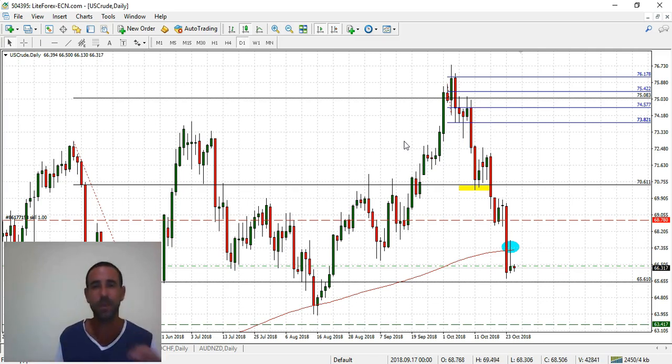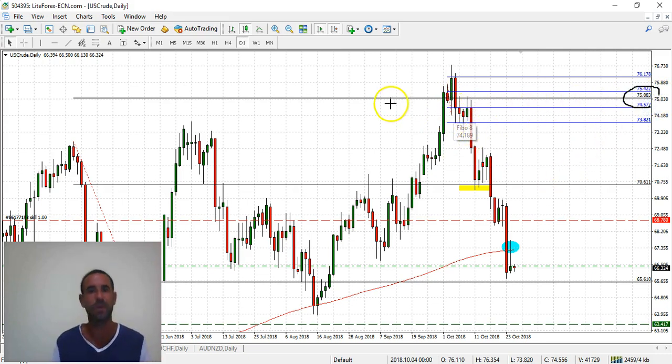Now, the second one was actually helping me to fine-tune the very entry by providing a trigger level, a trigger system, if you will. So at the beginning, what I was mostly interested in was making sure that price was unable to break above 75.08. I'm showing you this level right here.